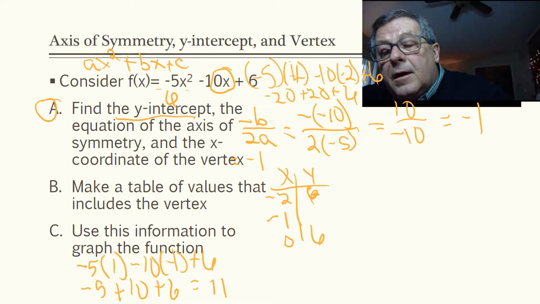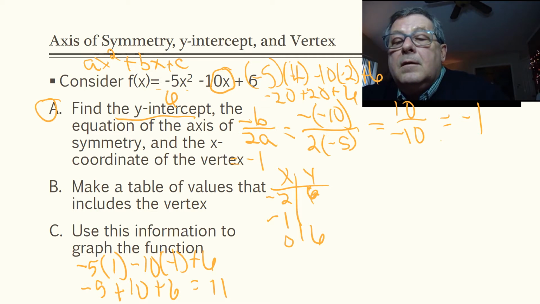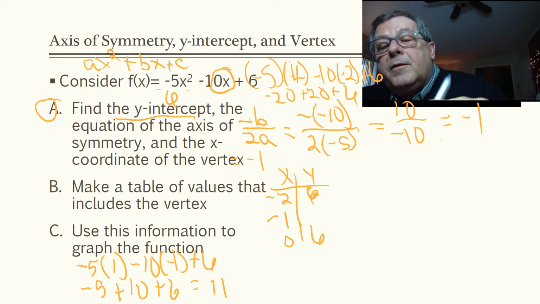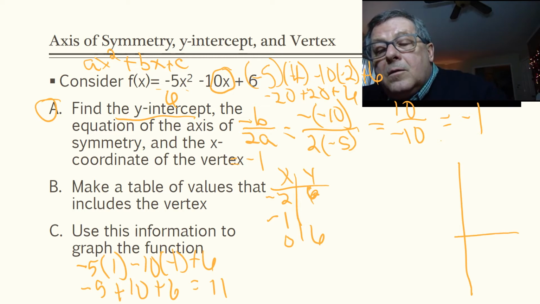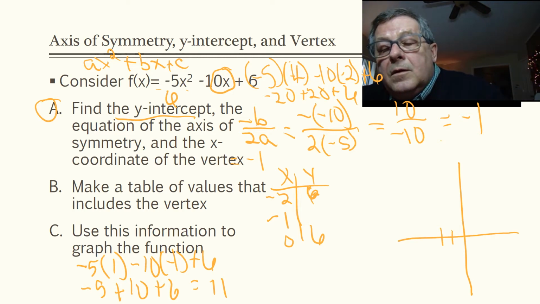So let's start down here. I've got negative 1, negative 2, negative 3. And up here I'm going to go 1, 2, 3, 4, 5, 6, 7, 8, 9, 10. I don't have enough room. Let me redraw this. Let's go down here. All right, negative 1, negative 2.